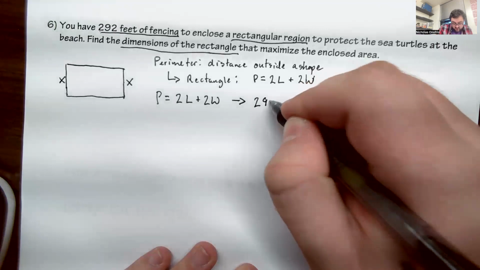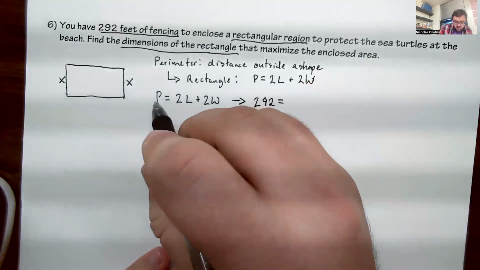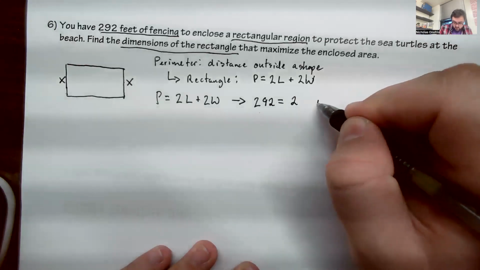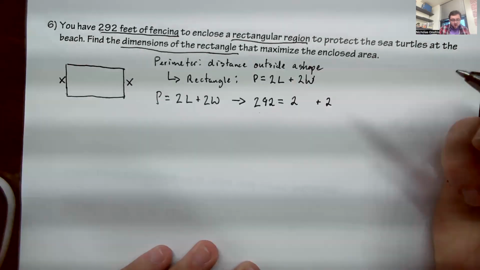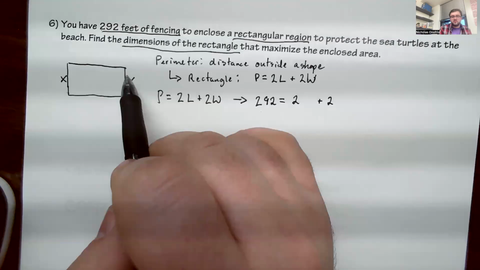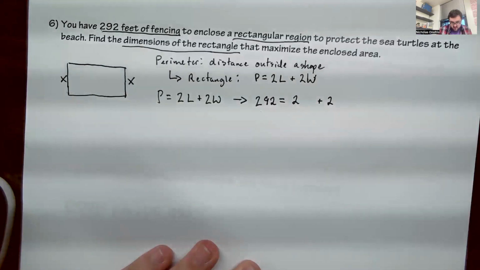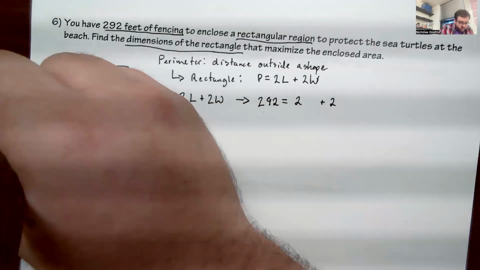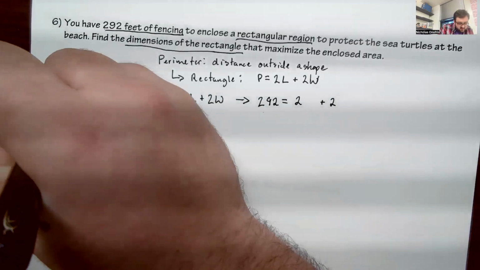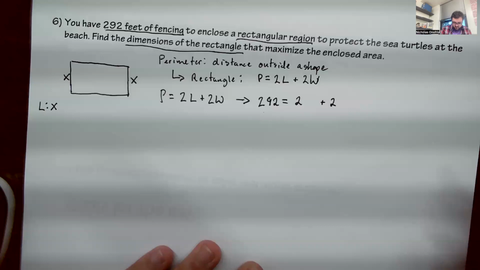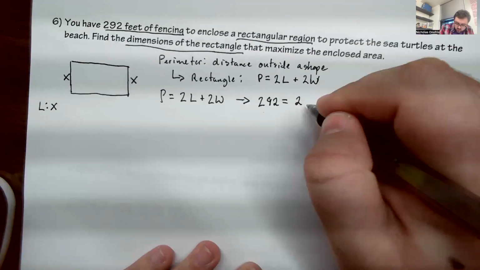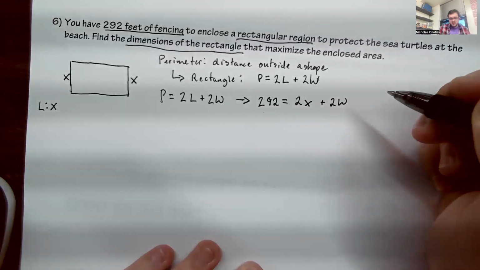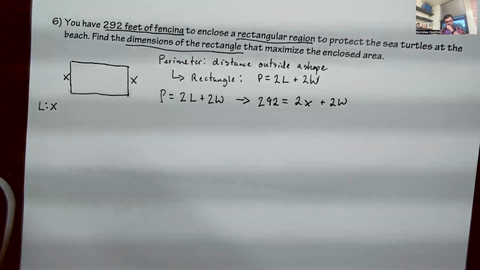So we can fill in 292 for P. We also know one of our measurements, we gave the variable X. 292 equals 2. Let's say our length is X. So we can replace our L with X. And we don't know W.